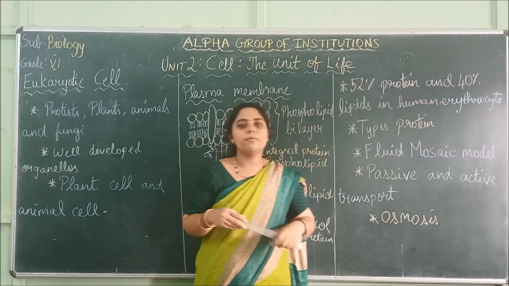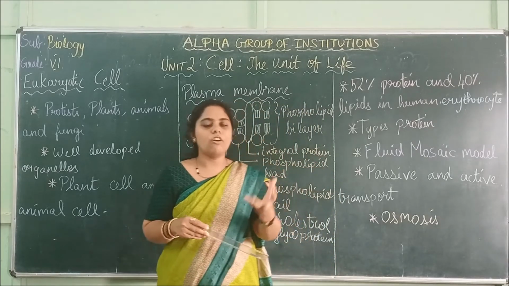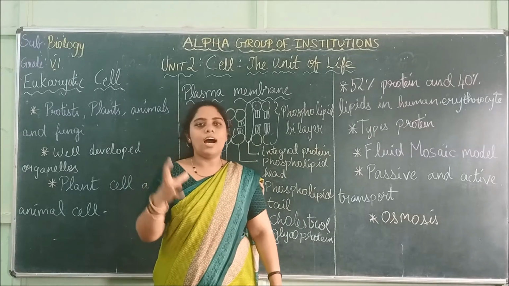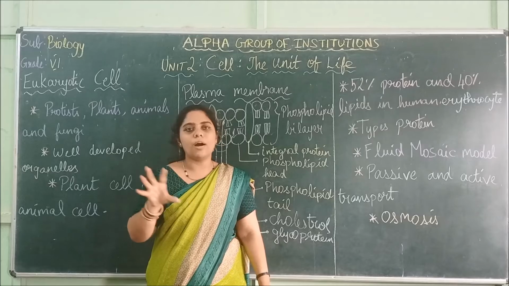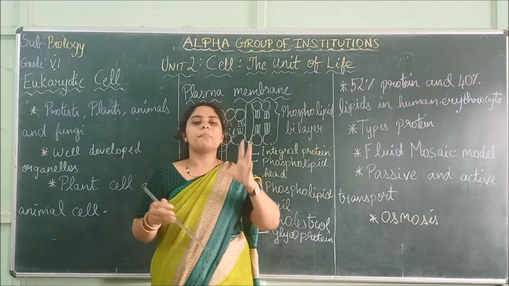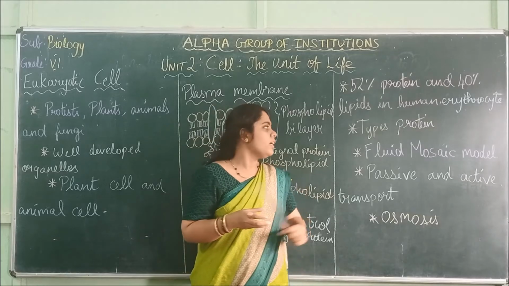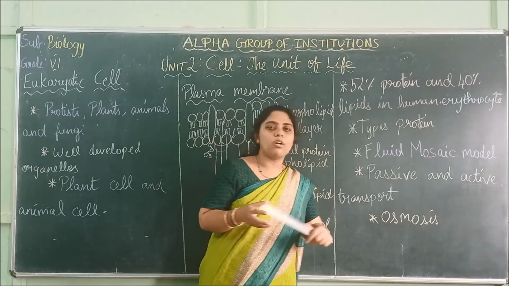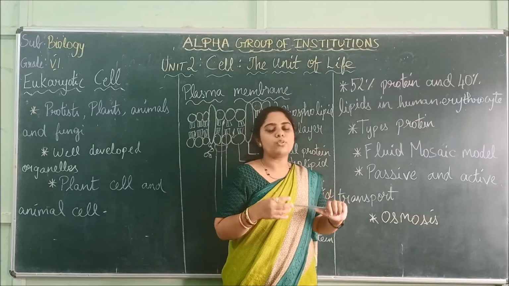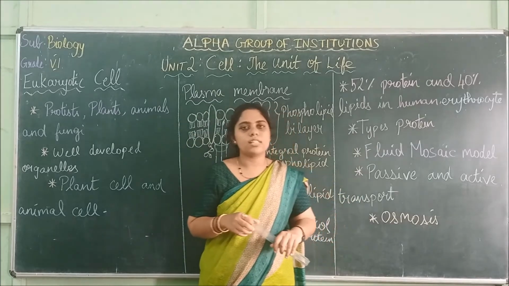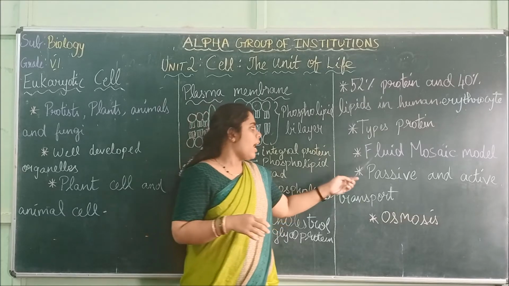This model was based on the structure of the plasma membrane, that is, how the structure is and what components are present. Based only on the structure of the plasma membrane, the fluid mosaic model was proposed. In 1972, this model was discovered by Singer and Nicolson.